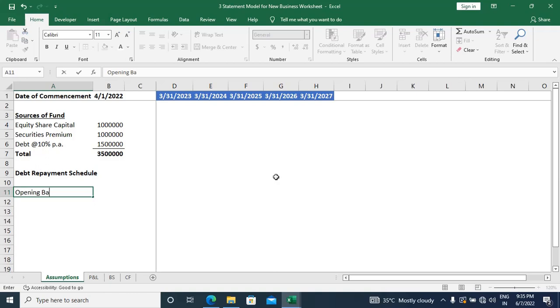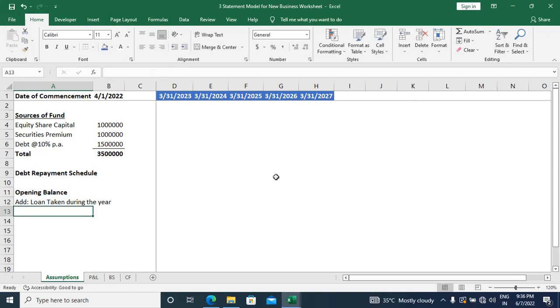Opening balance. So what is this opening balance? This is opening balance of the loan. Add loan taken during the year. Add loan taken during the year.